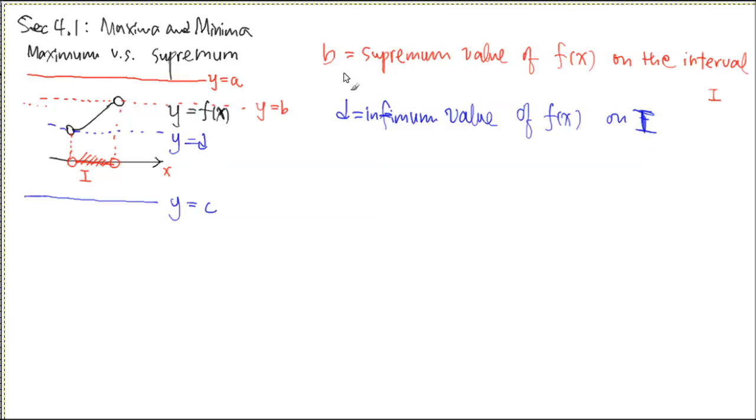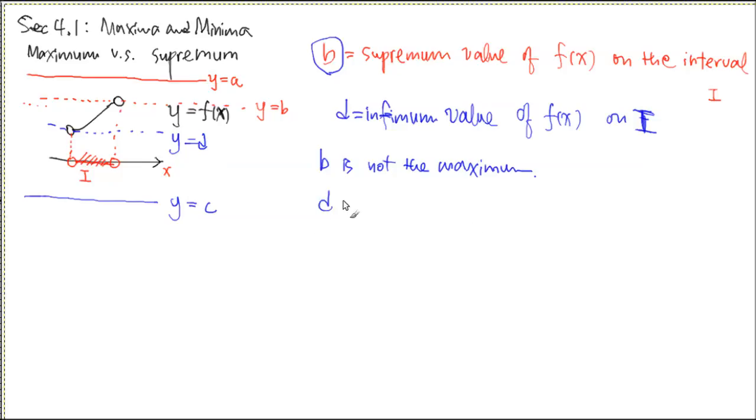So is this b a part of the graph, this y coordinate b? Is there any portion of the graph that actually hits y equals b? Because of that we say b is not a maximum. When we say maximum, we require that the value is achieved by the function.